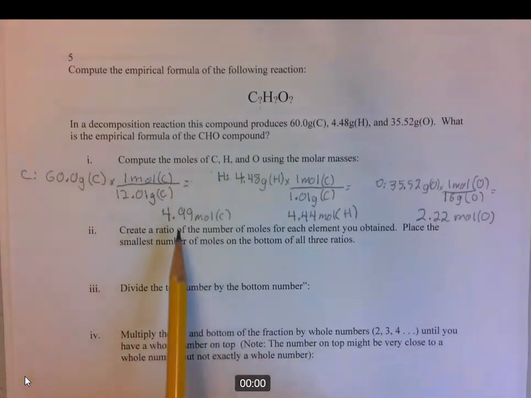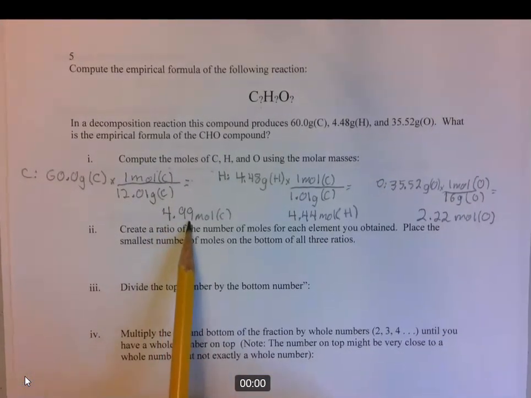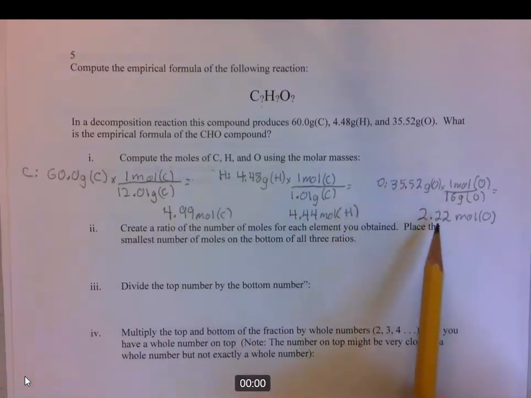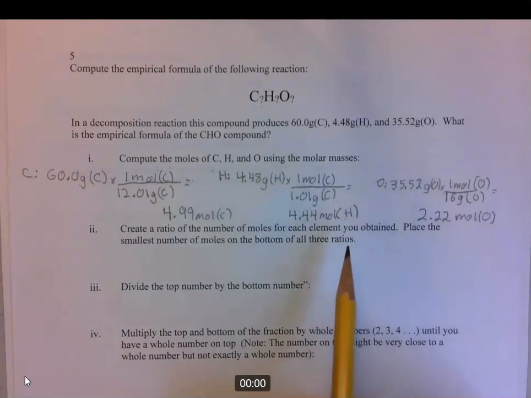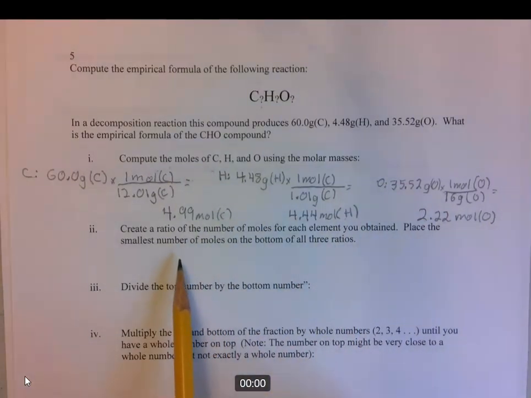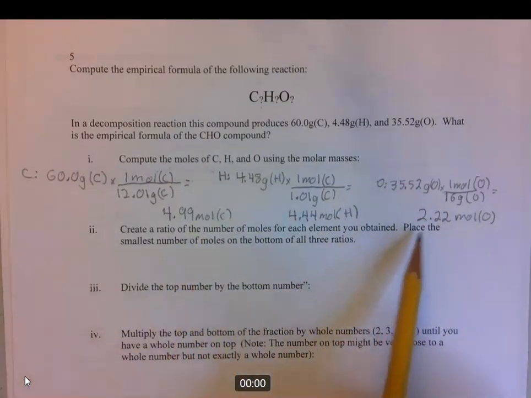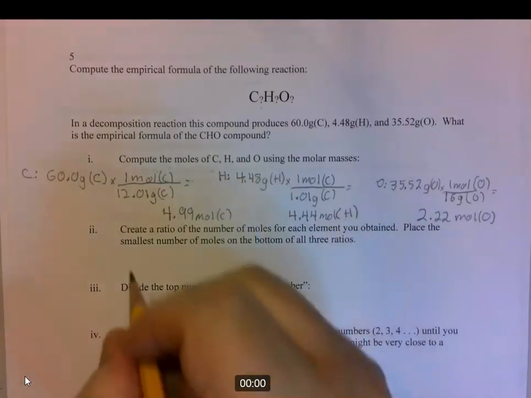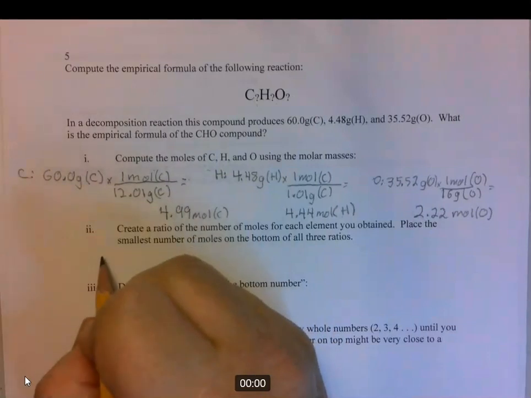And those calculations produce 4.99 moles of carbon, 4.44 moles of hydrogen, and 2.22 moles of oxygen. So what we're going to do now down here is create 3 ratios by putting the smallest one, which is 2.22, on the bottom of each. So we'll go ahead and do that.